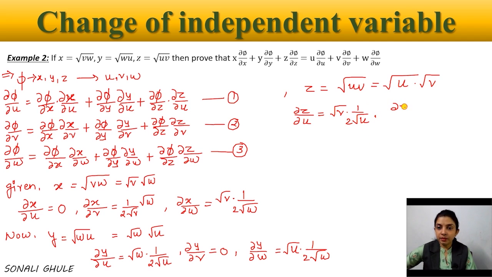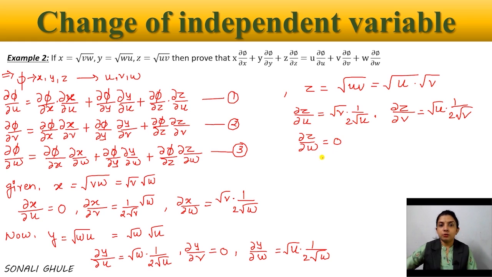Then the derivative of z with respect to v. Now root u is constant and the derivative of root v is 1 upon 2 root v. Okay. And the last one, the derivative of z with respect to w. Now there is no w, so the complete term becomes constant with respect to w, and its derivative is 0.